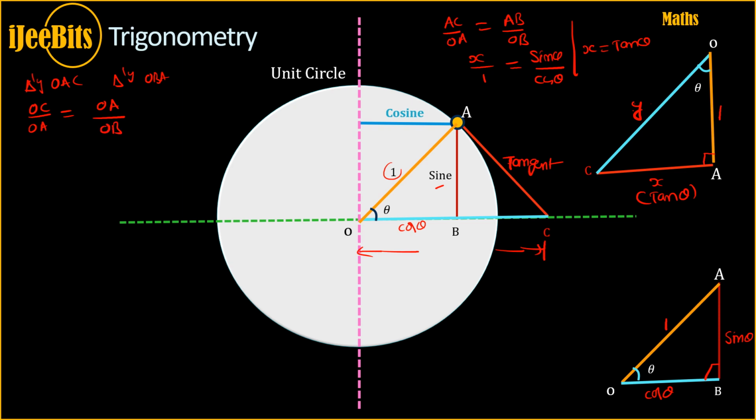Let's plug in the values now. OC means y by 1 equals OA means 1 by OB means cos theta. So y by 1 equals 1 by cos theta. y equals 1 by cos theta, which is nothing but secant theta. So this one is secant.